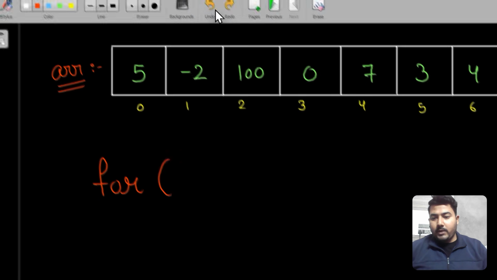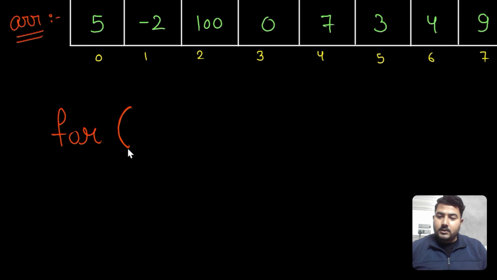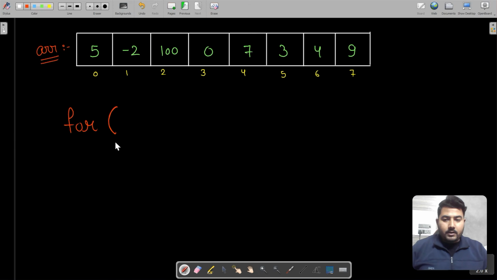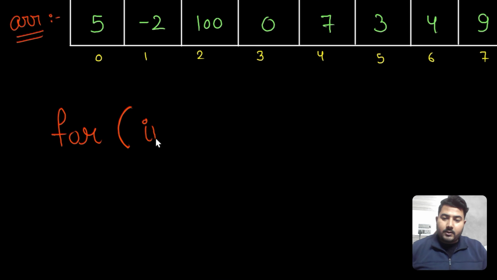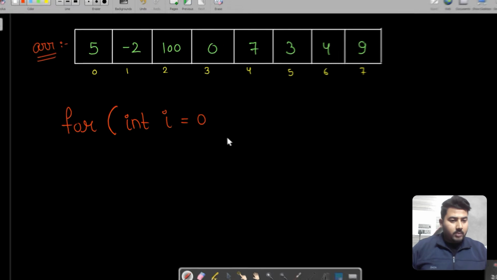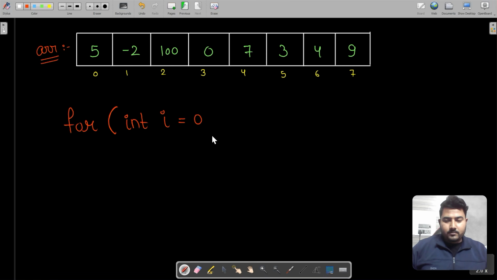As you might already remember the syntax of our for loop, the very first part of our for loop is simply initialization of a variable. So I will simply initialize a variable i starting from 0.